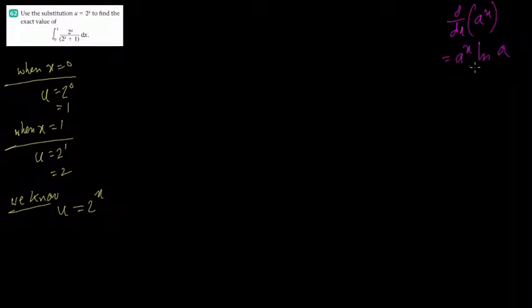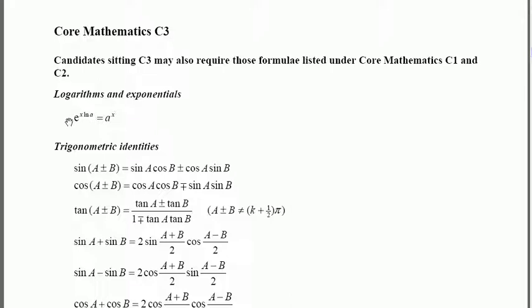Although this formula is not given in the formula booklet, we know d by dx of e to the power x is the same thing into d by dx of the chain rule, which is x. In the formula booklet, they have given us e to the power x ln a is a to the power x, this particular expression. So from that we can actually figure out this derivative.